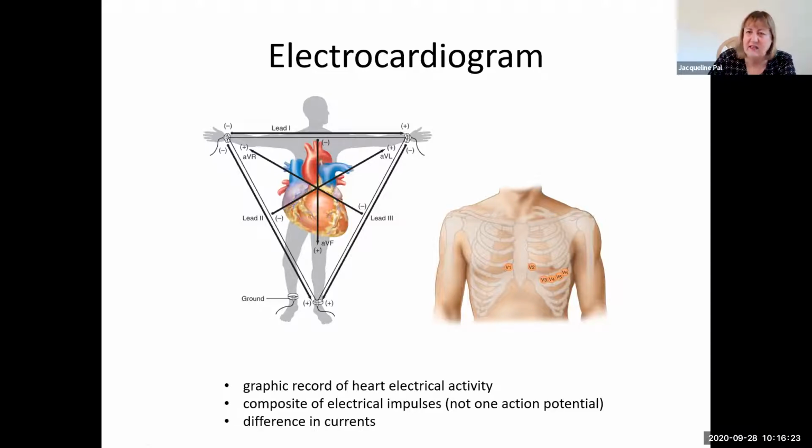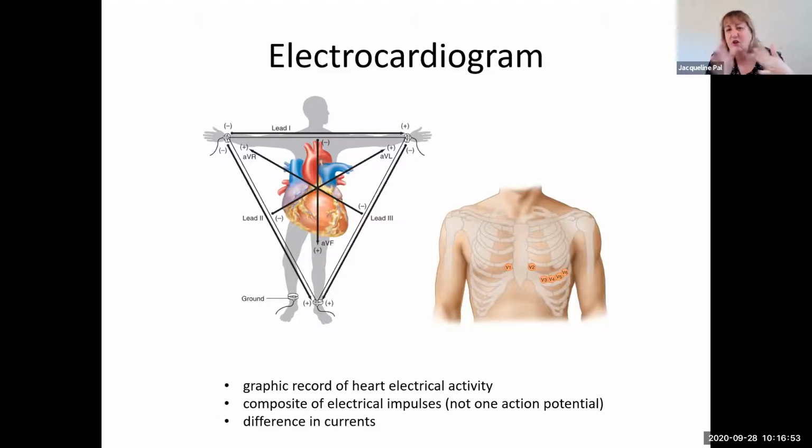The one lead that we use more than anything else is called lead 2. This is going from the right upper extremity towards the left lower extremity, which is almost parallel to the interventricular septum. That's the only part of the EKG that we are looking at in this course, just the one lead 2, which is also known as the rhythm strip.